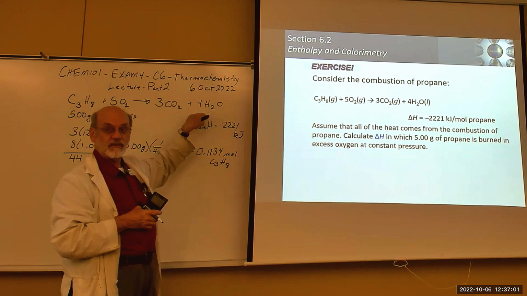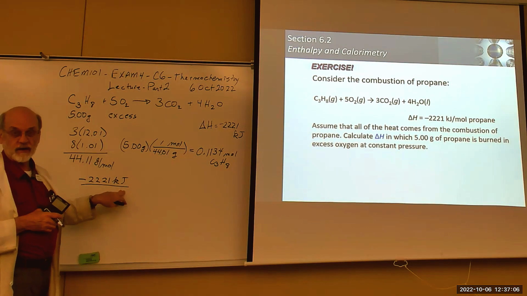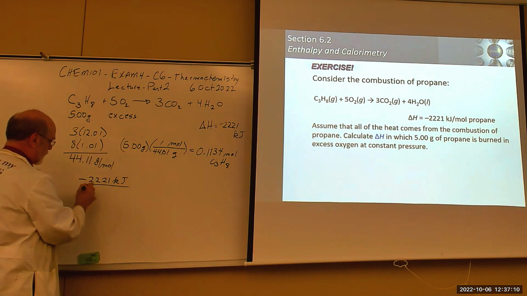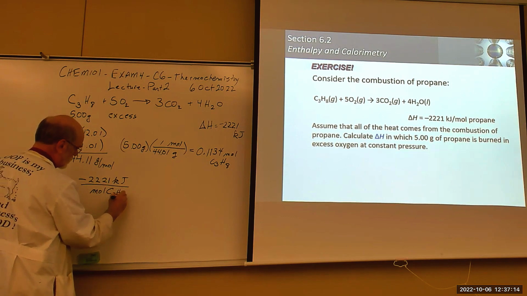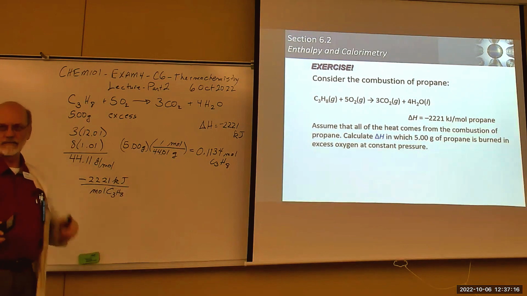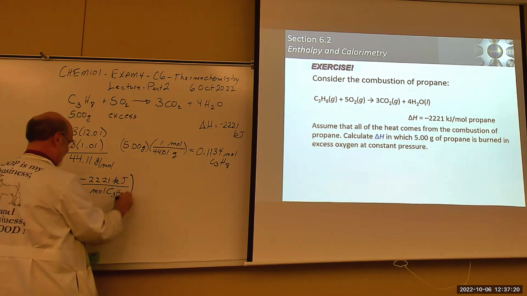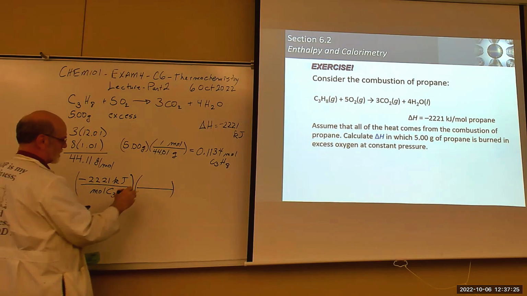Then you would convert that to moles and you would put, this is per 4 moles of water. But in our case, we want it as per mole of propane. Is that connecting? Okay. Otherwise, the dimensional analysis just doesn't work out right.